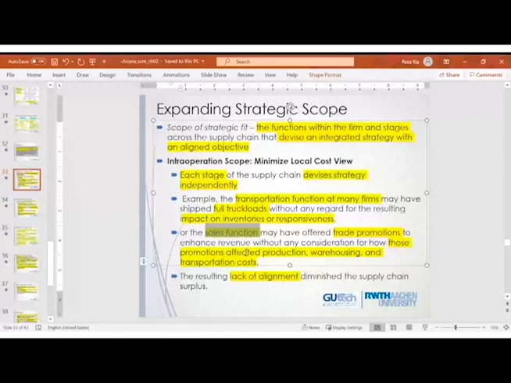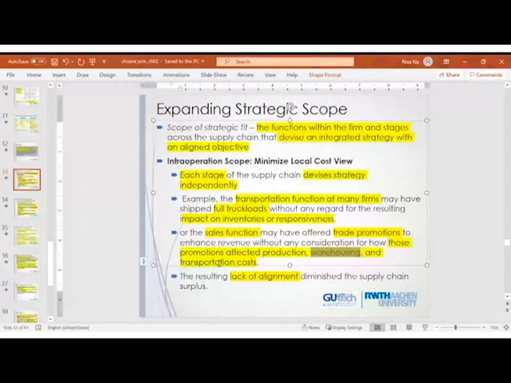So the production in your manufacturing site should be adjusted. The amount of inventory in your warehouse should again be increased, and there would be more transportation to provide the items for the promotion. So you see that the decision of promotion will have some impact on the different stages. And the lack of alignment for sure will reduce the profit in a supply chain.